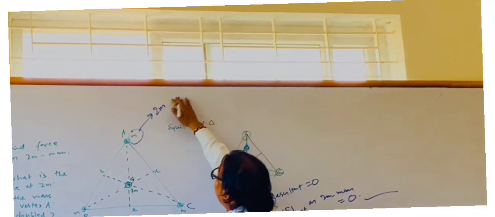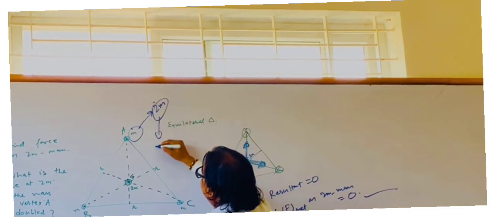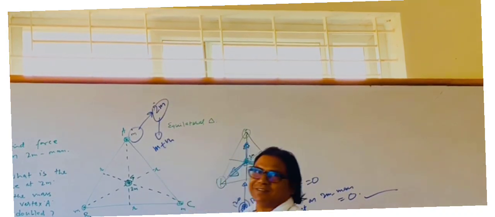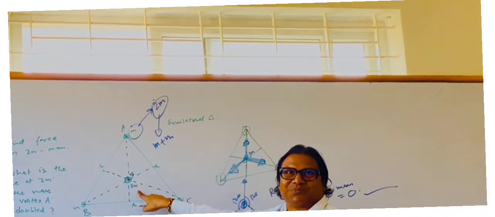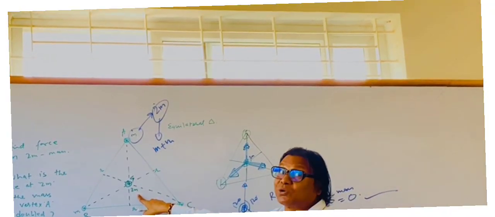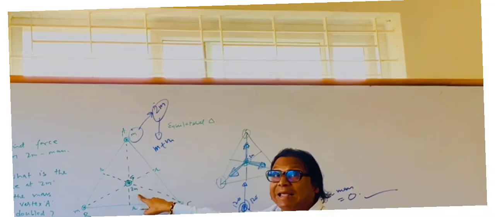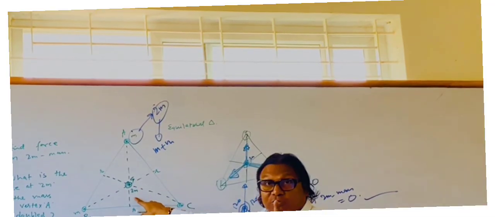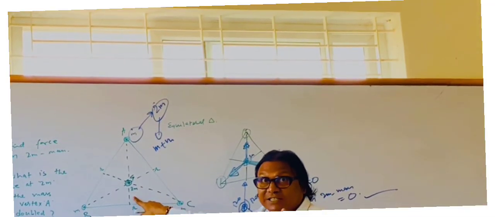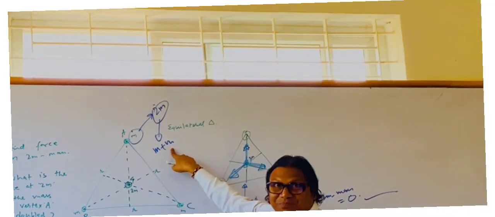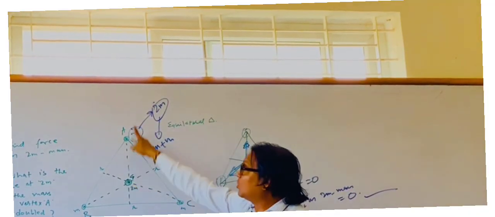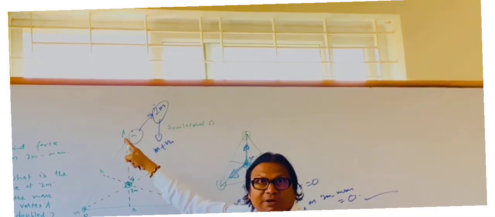Now you can think this 2m is like m plus m. When you include the first m, the net force is 0. So what extra force will the 2m experience? That extra force will be due to the 2m and this extra m, and it will be along GA. Are you getting my point?